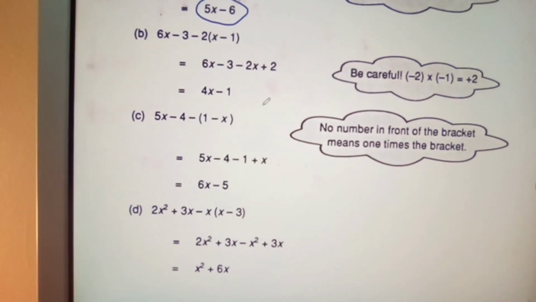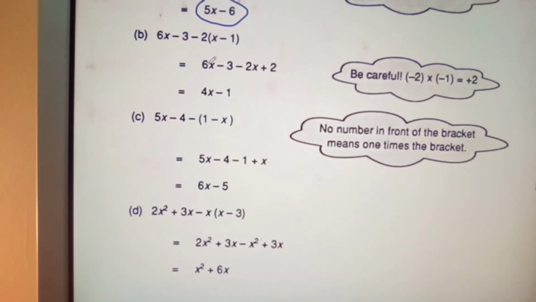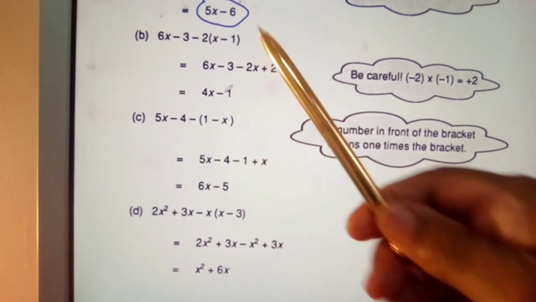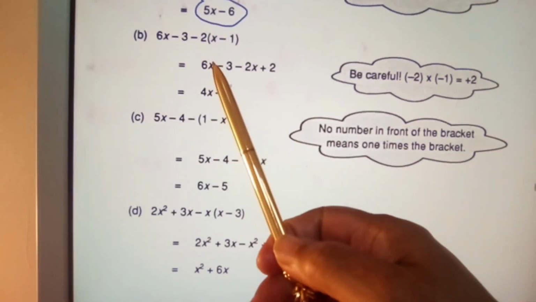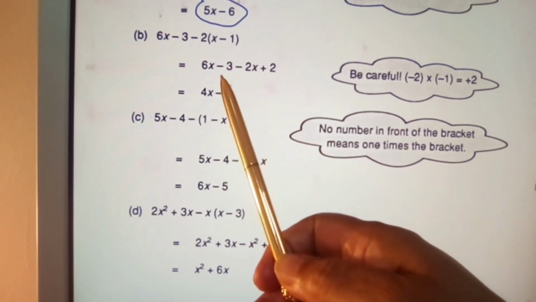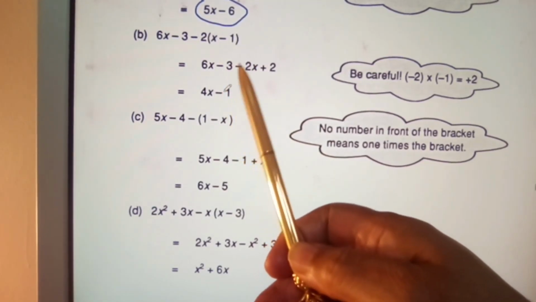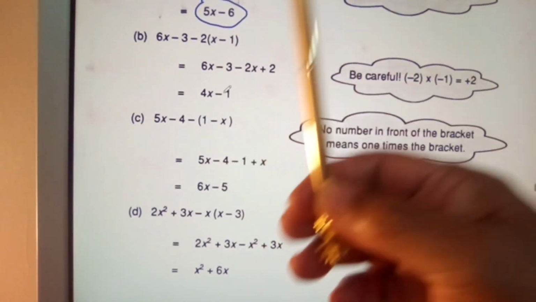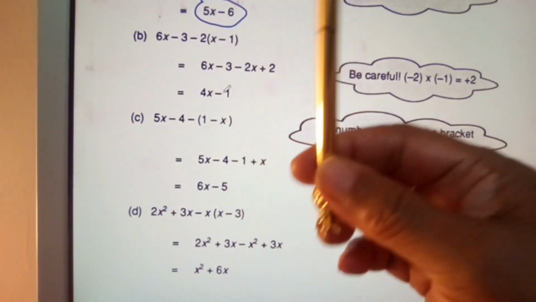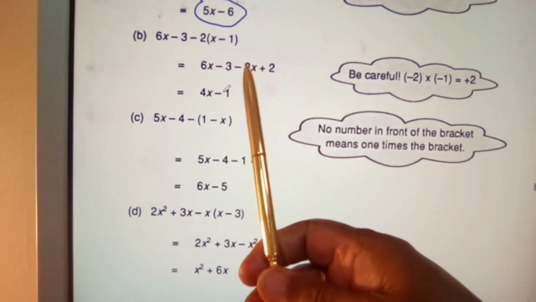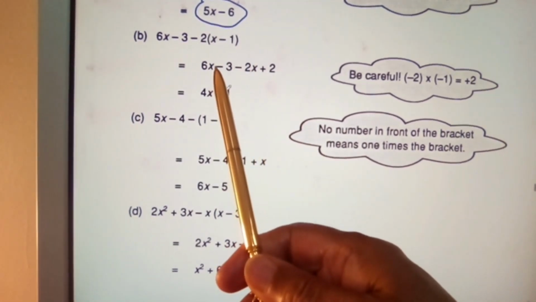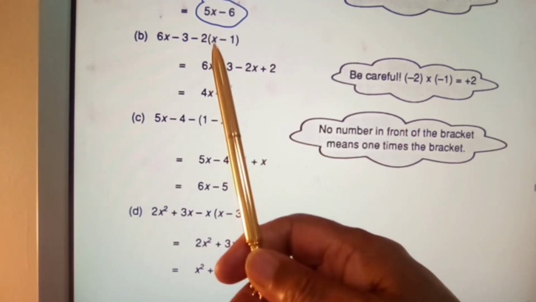I would normally have moved these around, basically, so it became 6x minus 2x. But if I change sides, I would be changing signs. That's the thing that comes to my mind immediately. So I would have to be very careful here what I do, because if I move this from here to there, I will need to change the signs.